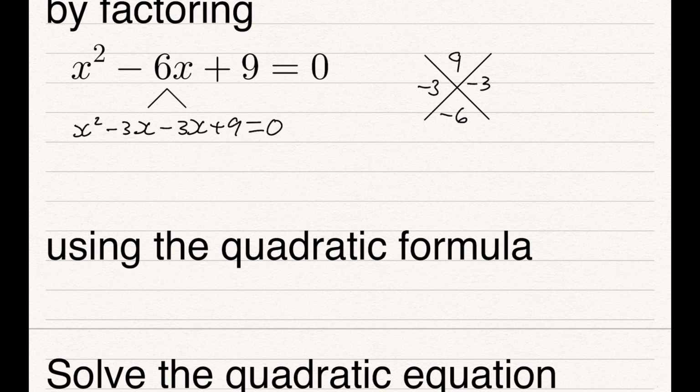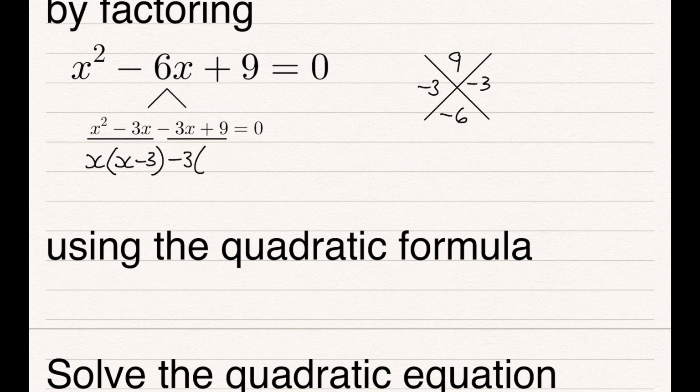And we're going to factor that by grouping. From the first two, we can take out an x. That will leave us with x minus 3. From the latter two, we can take out a negative 3, and that will give us x minus 3 as well. And all of this is still equal to 0. Finally, we want to factor out the x minus 3 here.